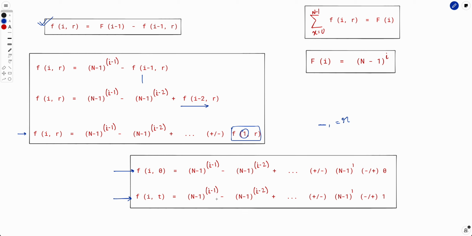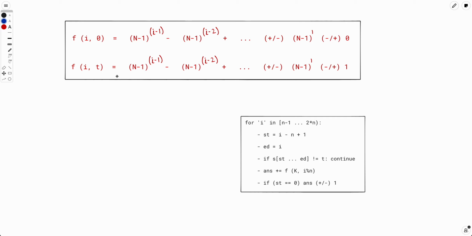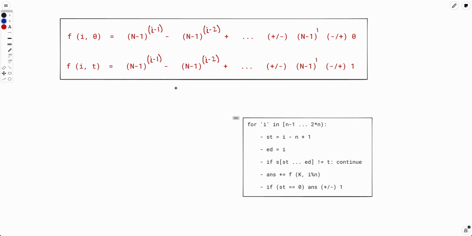And we already know how to find the sum of a GP, and you can simply evaluate this with the GP formula, and you will be able to find out what is f of I comma r efficiently. So this I in our case is simply k, and r can be either 0 or anything else.